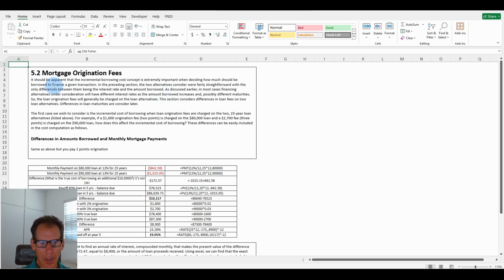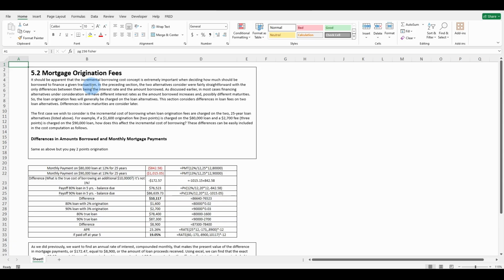It should be apparent that the incremental borrowing cost concept is extremely important when describing or deciding how much should be borrowed to finance a given transaction. In the preceding section, the two alternatives considered were fairly straightforward, with the only difference between them being the interest rate and the amount borrowed.